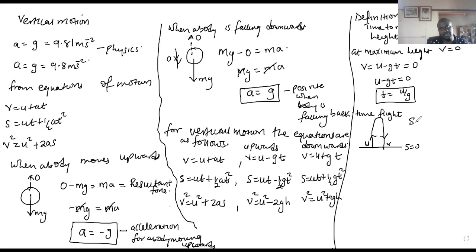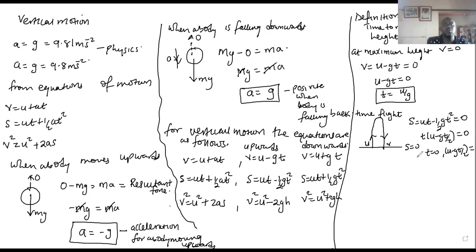So from S is equal to UT minus half GT squared, this is going to be equal to 0, which will give me T into U minus GT over 2 is equal to 0. So it's either T is 0 or U minus GT over 2 is 0.